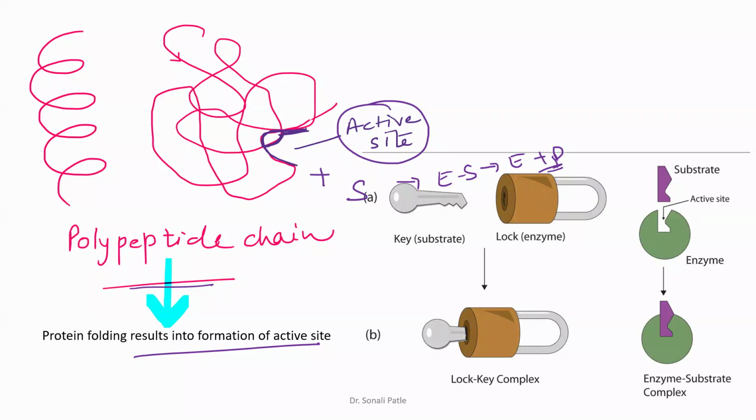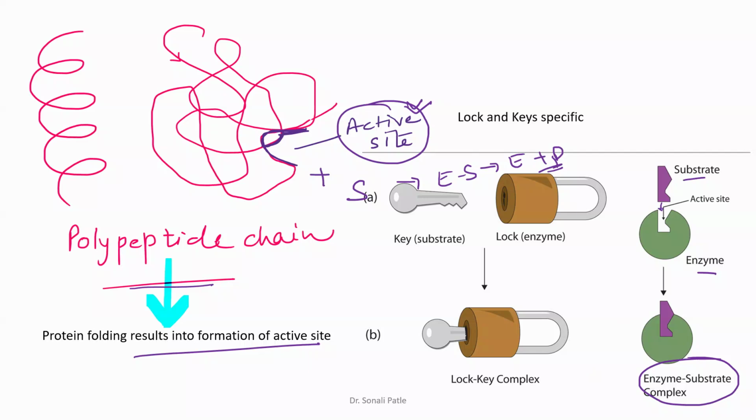For that, we can understand the lock and key model, like every key is specific for the lock. Similarly, the enzyme is specific for the substrate because of its active site. Its active site has specific groups which can combine with the substrate, and the substrate combines with the enzyme to form the enzyme substrate complex, and then it can get converted into the product.